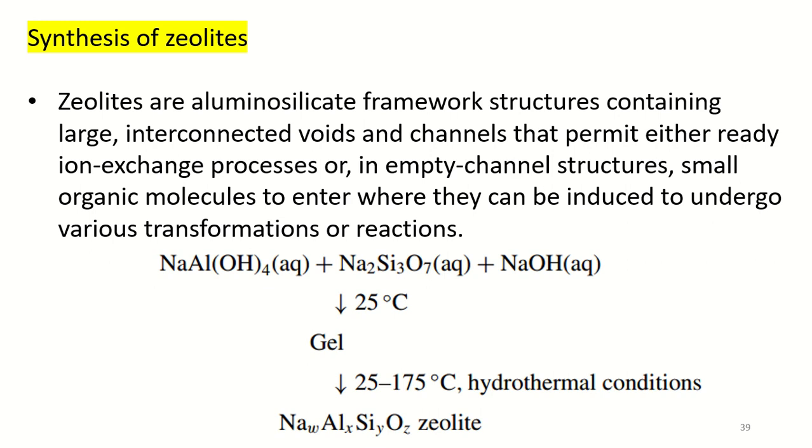Although these open aluminosilicate frameworks are not usually thermodynamically stable, they are kinetically stable up to 400 degrees Celsius and are used in a range of applications as molecular sieves as well as catalysts.